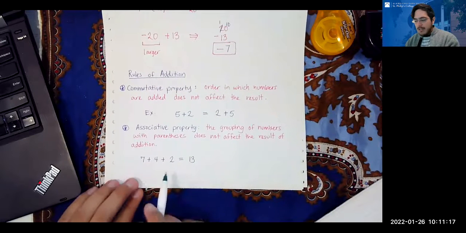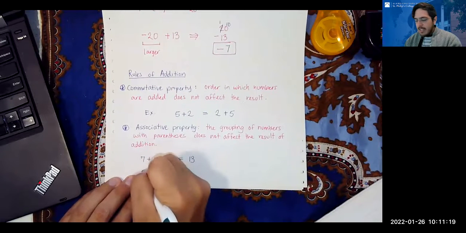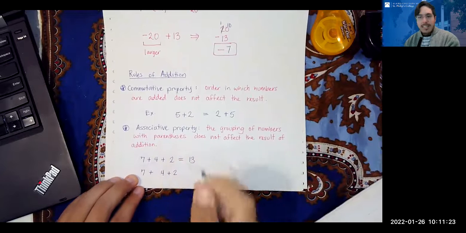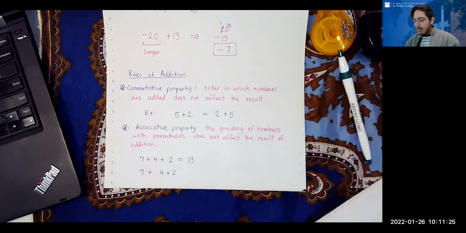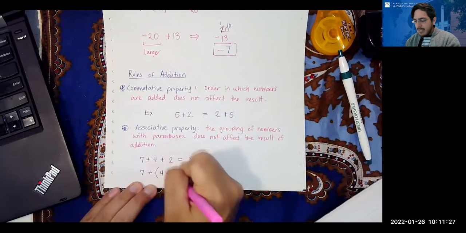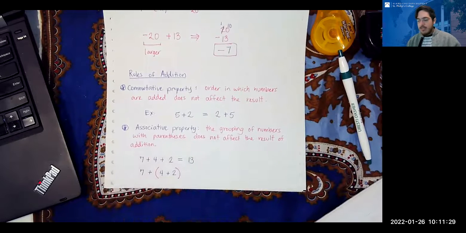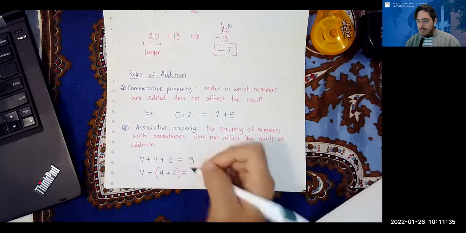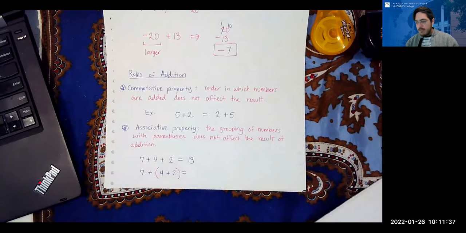Using the commutative property, it works either way. But now let me ask you this. Let's say I had 7 plus 4 plus 2, exact same numbers, but let's say that I decided to put parentheses around these 2 numbers in the back. Do you think that will change the result? No. Okay, well, it shouldn't, right? I gave you this rule.